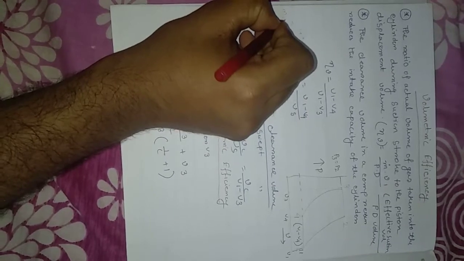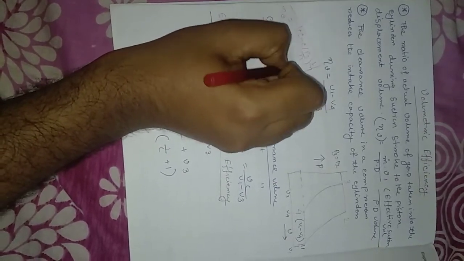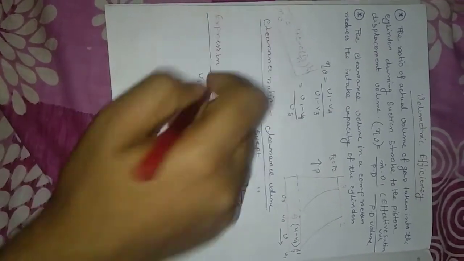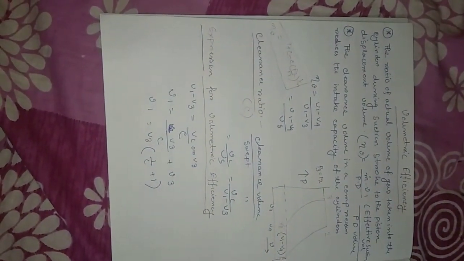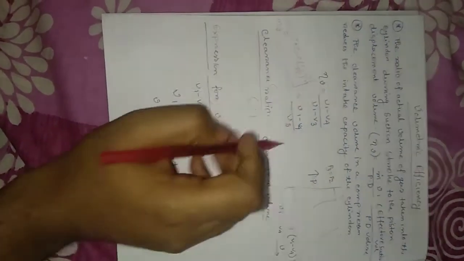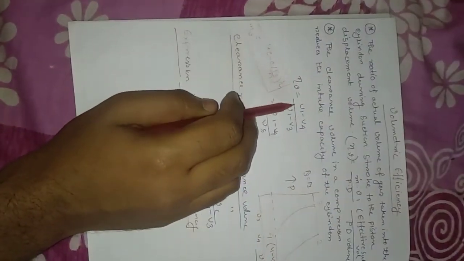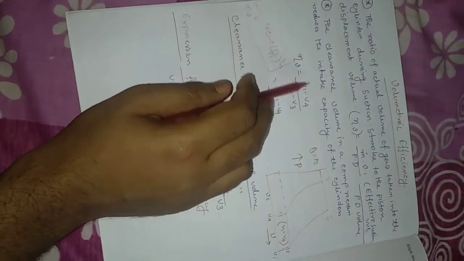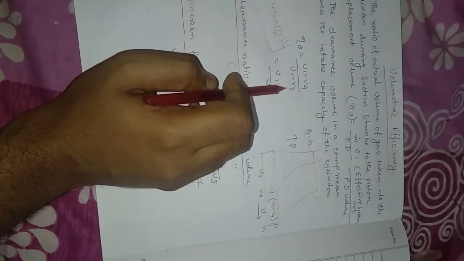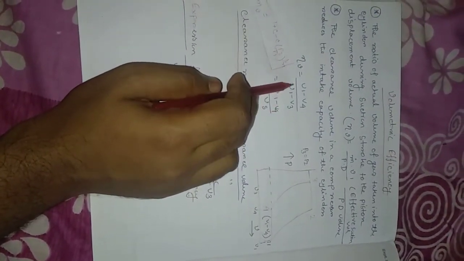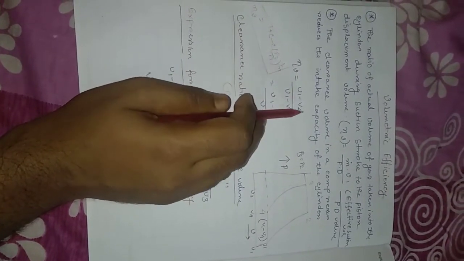Now, volumetric efficiency is 1 plus C minus C into P2 by P1 to the power 1 by n. Volumetric efficiency is also written like this: V1 minus V4 divided by V1 minus V3. So, V1 minus V4 divided by V1 minus V3.